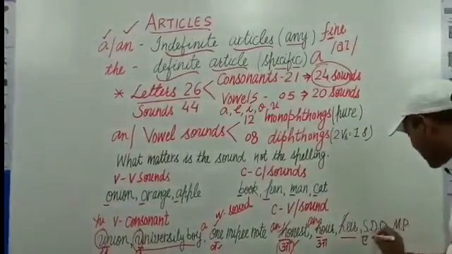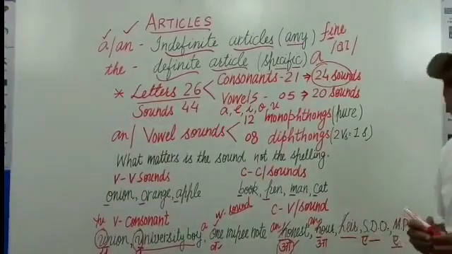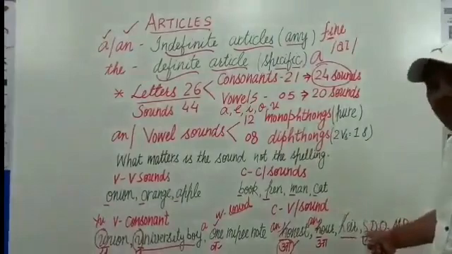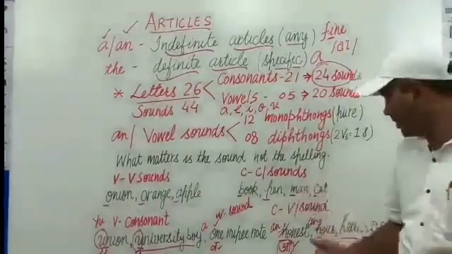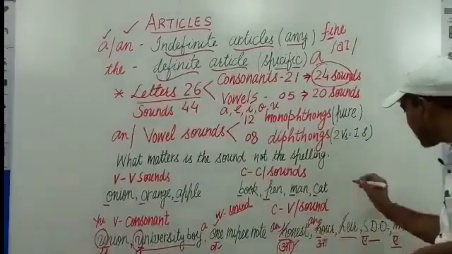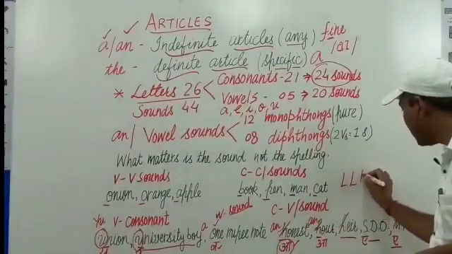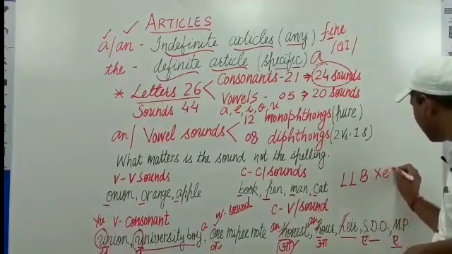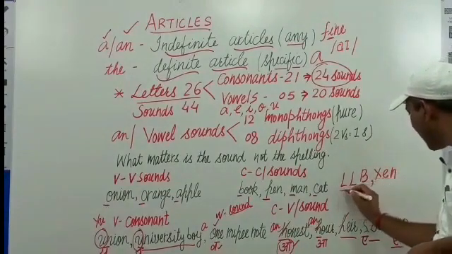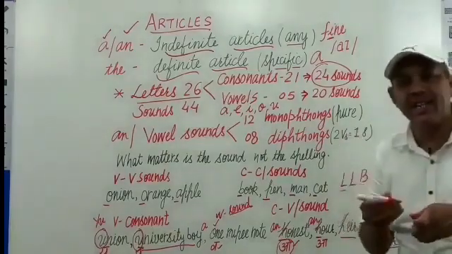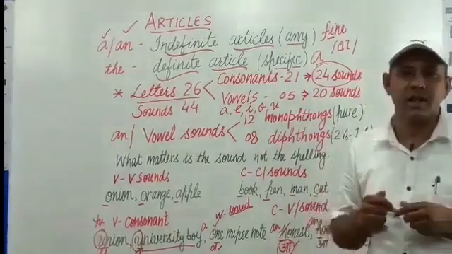And next, some abbreviations. Of course, these abbreviations start with a consonant, like S, M, and there are so many others also, like L, L, B, and X. All of these letters are consonants.